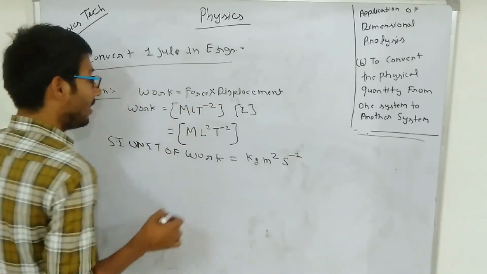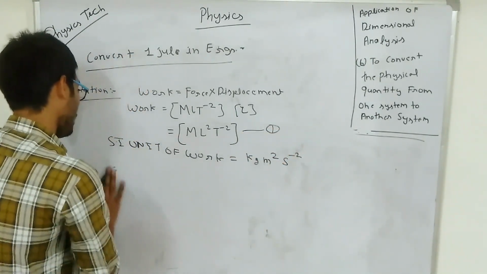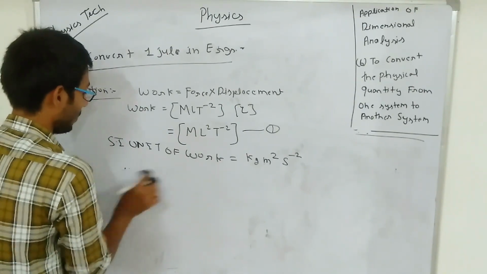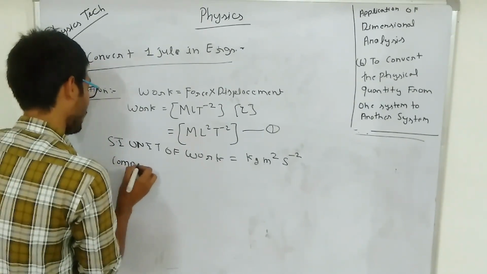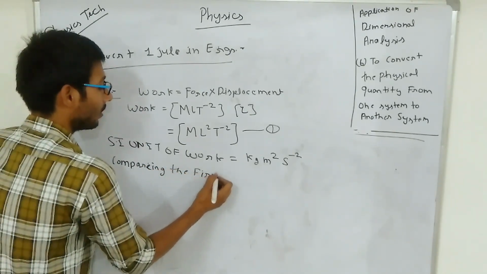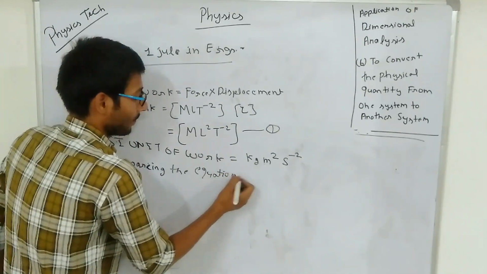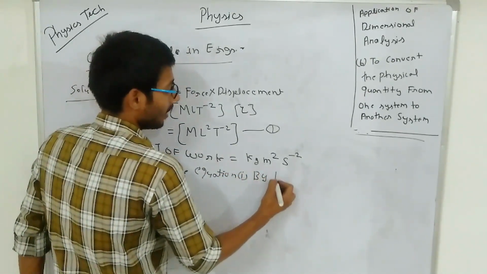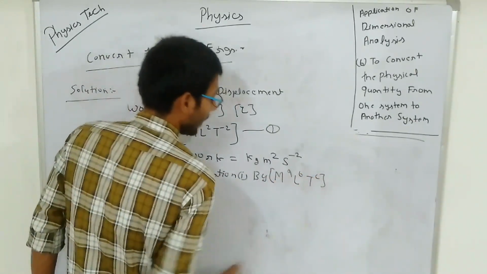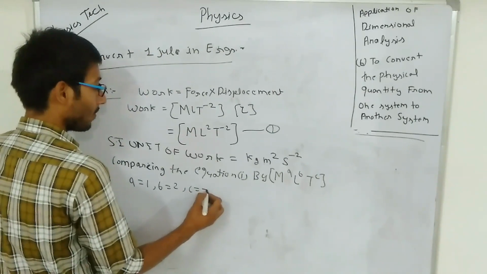And comparing the first equation by M to the power A, L to the power B and T to the power C, we get A is equal to 1, B is equal to 2 and C is equal to minus 2.